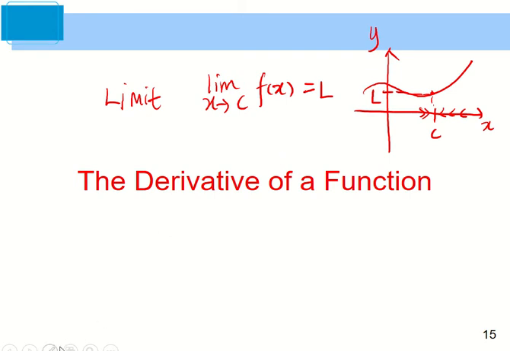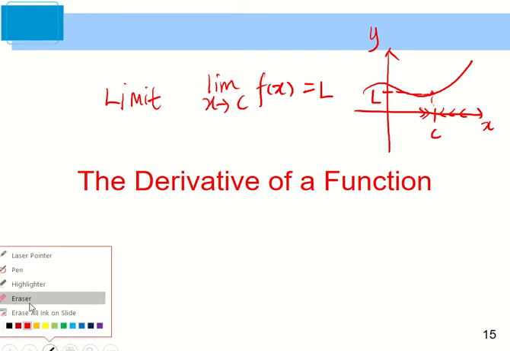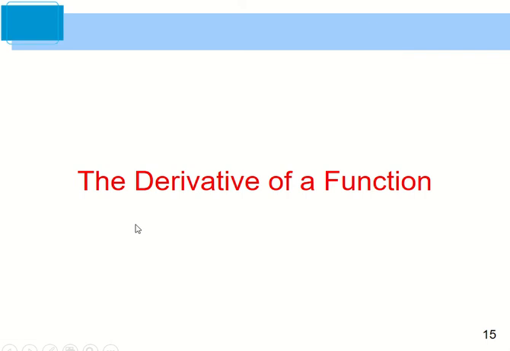For the first discussion on differentiation, we are going to learn the definition of differentiation, or sometimes we call it the derivative. The derivative of a function, the whole process, is called differentiation. So we are going to start with the graph.